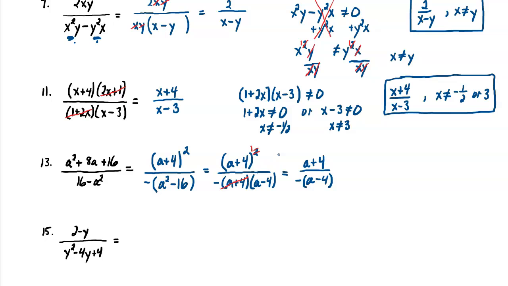Now the restrictions. Go back to the original denominator, the 16 minus a squared, and indicate that it cannot be 0. Think about for what values of a that would be 0. Remember that we had already factored this, getting negative a plus 4 times a minus 4.